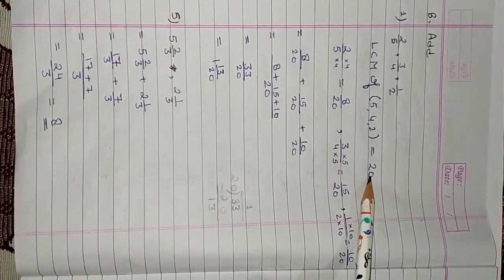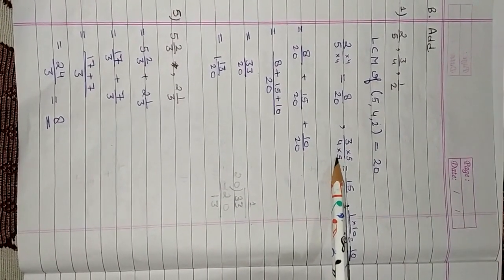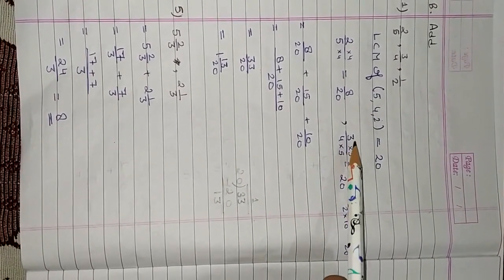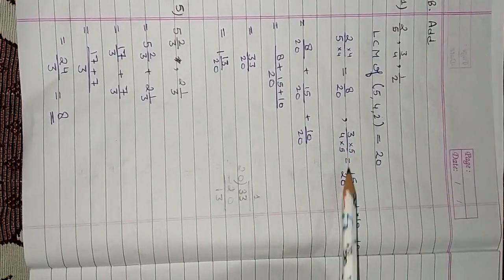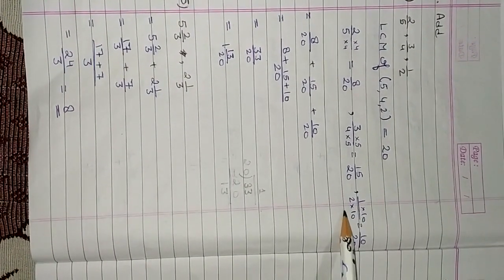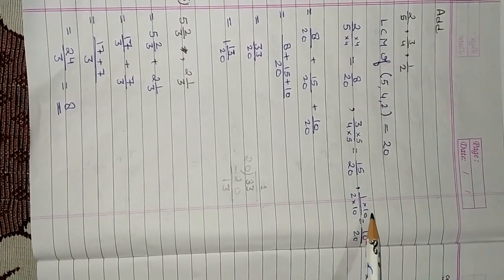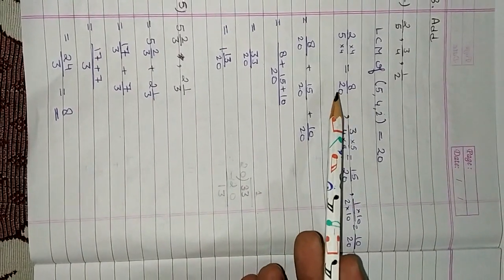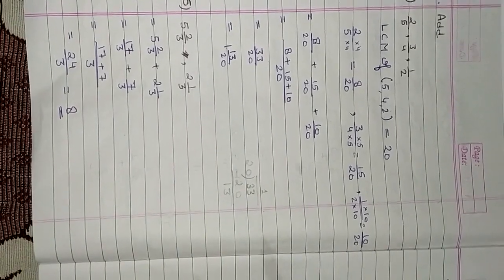To make the denominator 20, we multiply 4 by 5, and the numerator by 5 also. 5 3s are 15, 5 4s are 20. Third fraction 1 by 2. Again, to make the denominator 20, multiply the denominator by 10 and the numerator by 10. 10 by 20. Now all fractions 8 by 20, 15 by 20 and 10 by 20 are like fractions.